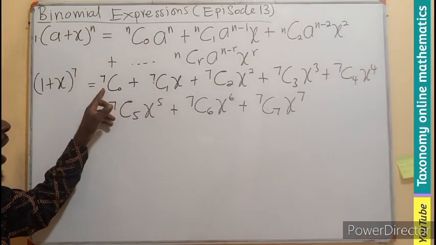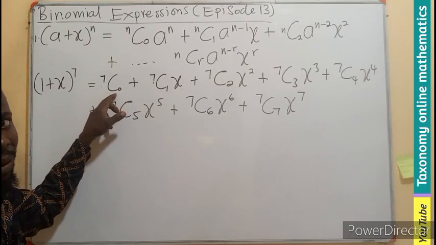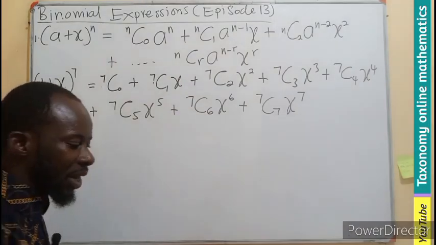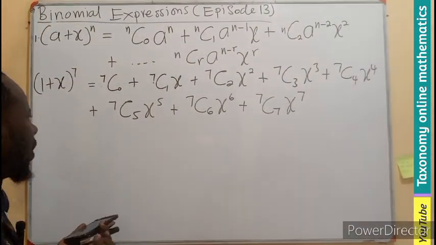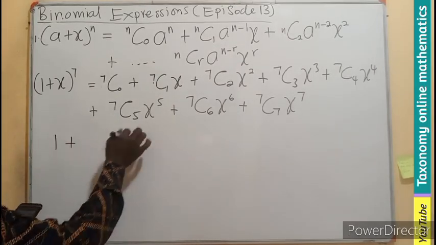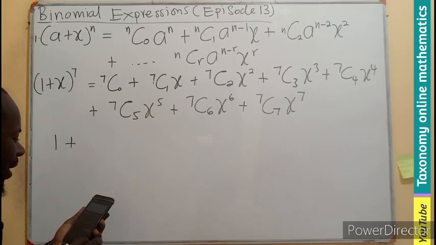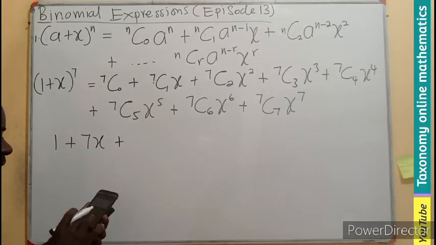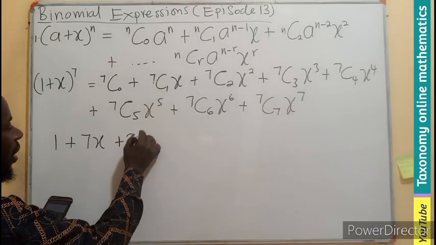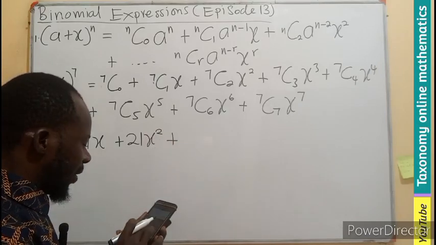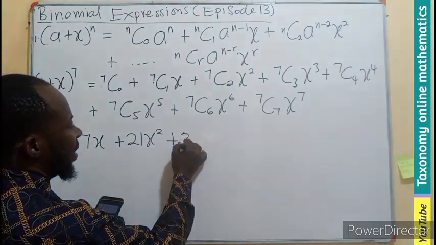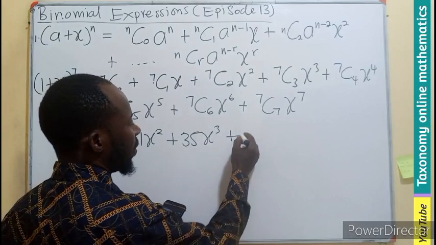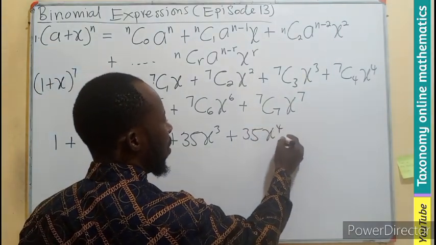Alright, so now we have 7C0, and that will give us 1. You can do that on the calculator, just like I expanded in the beginning. So 7C0 gives us 1. 7C1 will be 7, so 7x. 7C2 will be 21x squared. 7C3 will be 35x to the power 3. 7C4 will still be 35x to the power 4.